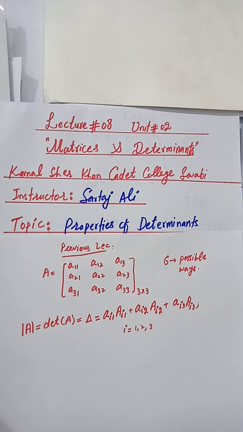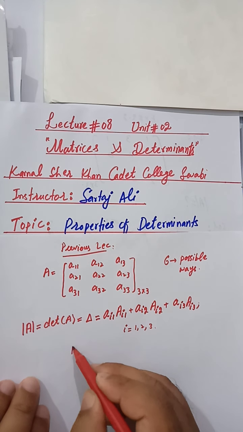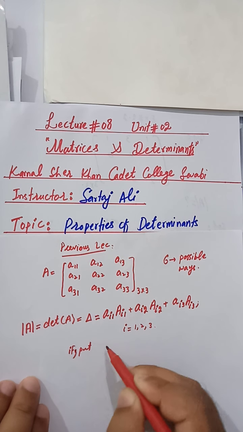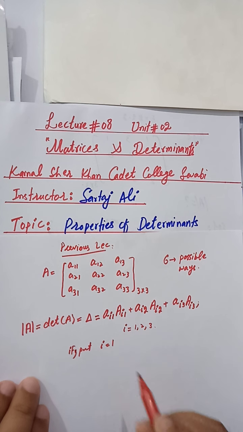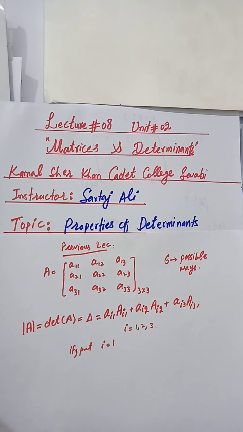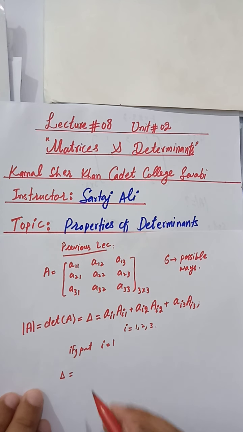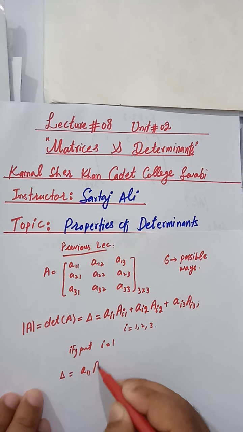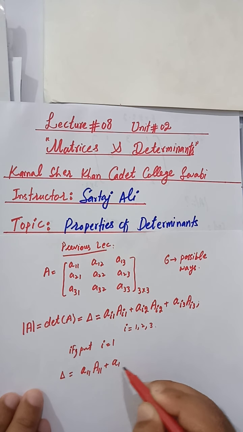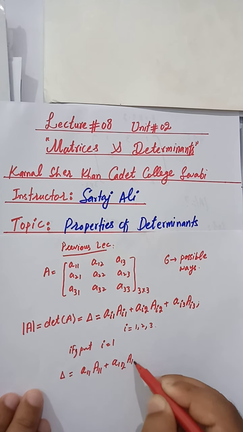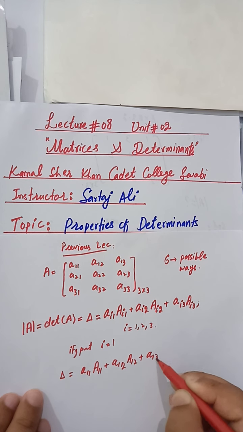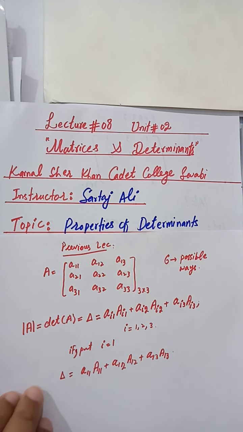So if you put i equal to 1, that determinant will be with respect to the first row, and the formula for the determinant of matrix A will become a11 capital A11 plus a12 capital A12 plus a13 capital A13.